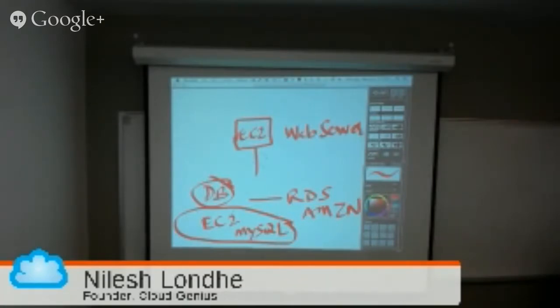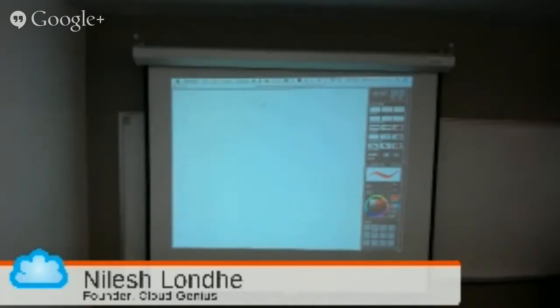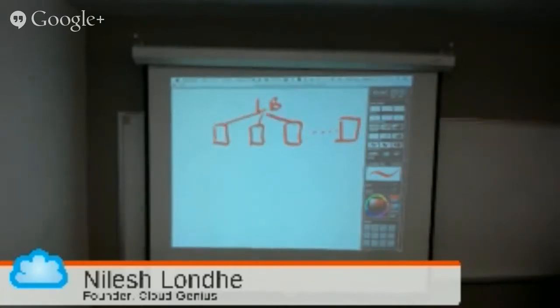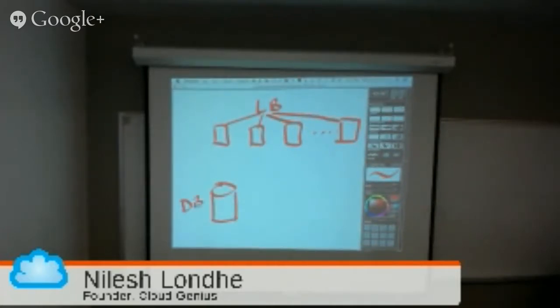And a two-machine setup would be something like database separated from the web server. And as you scale up, you can do something like have a load balancer up on top, and then have app servers scaling them horizontally, loading it up like this, and have one database server, which could be your MySQL.